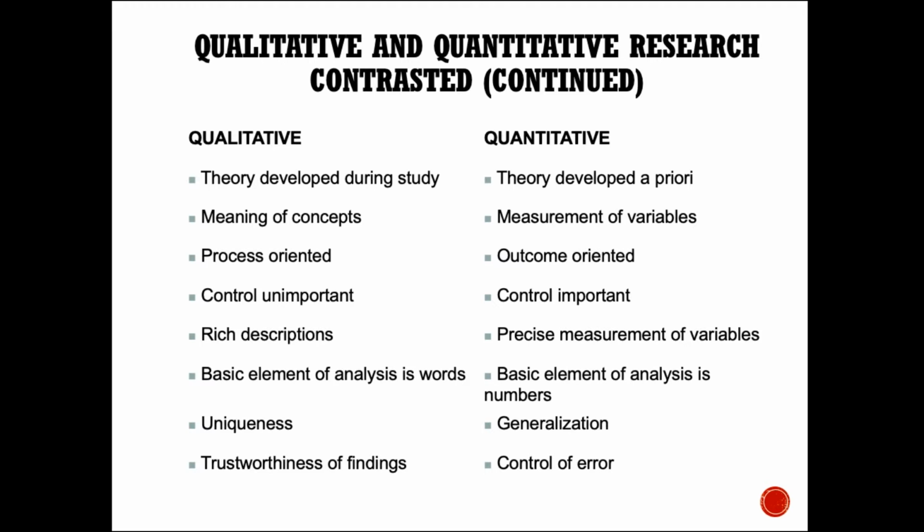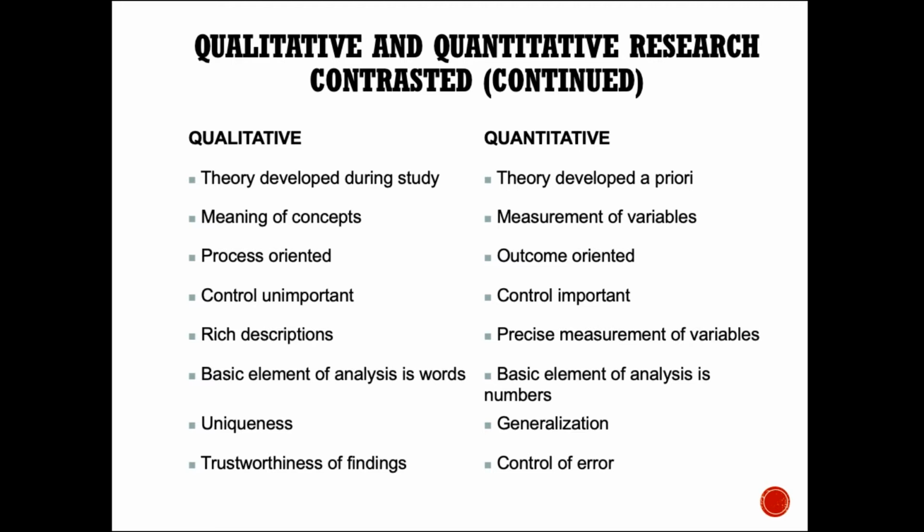In qualitative we have a rich description of that phenomenon, but in quantitative we have precise measurement of the variables. In qualitative, the basic element of analysis is words, as I say, but in quantitative, the basic element of analysis is numbers. In qualitative, we have uniqueness, but in quantitative, we have generalization.